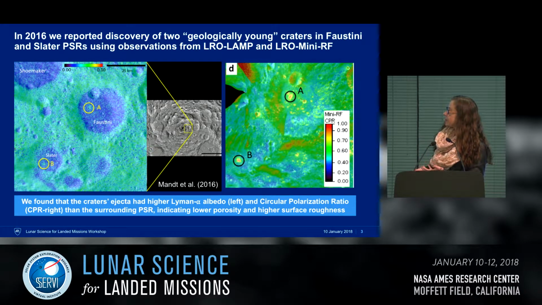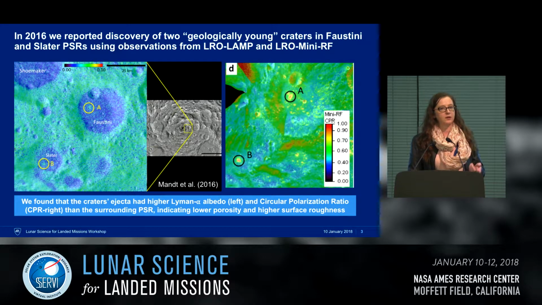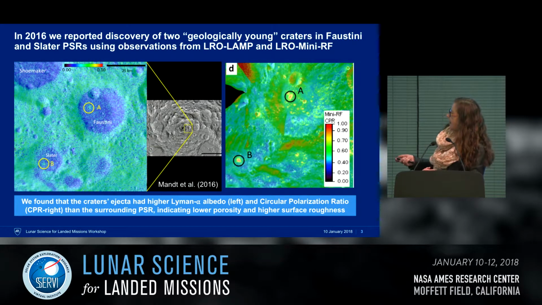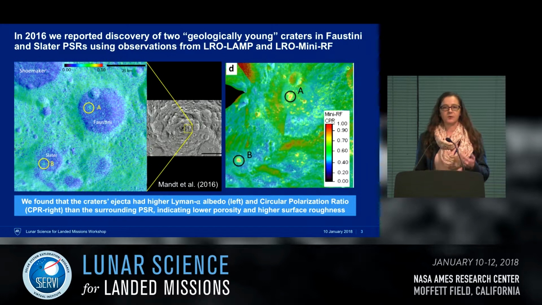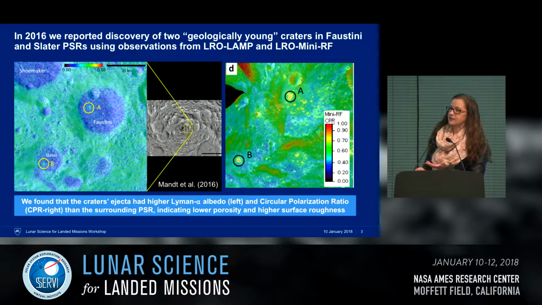Now, these brighter regions coincide with the ejecta blankets of two craters that are about 1 kilometer in diameter. And we've interpreted that to mean that the formation of the crater wiped out the highly porous regolith on top of that area and created an area that's bright in Lyman alpha.